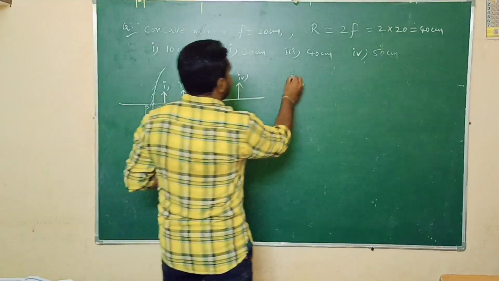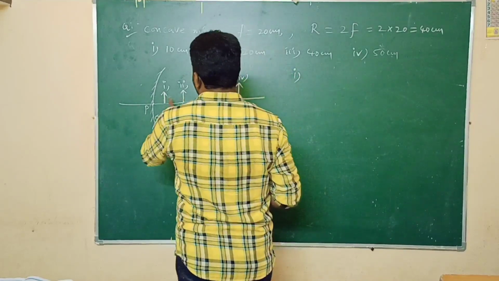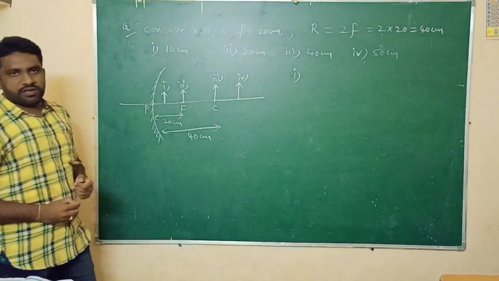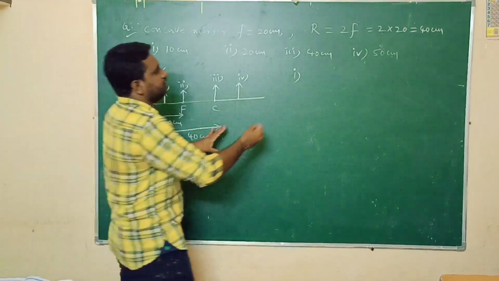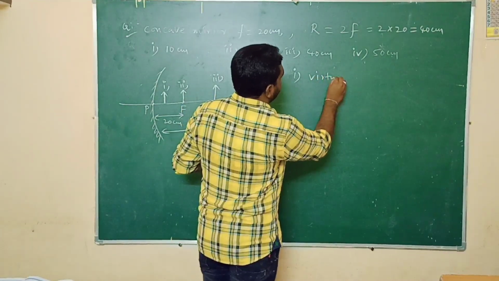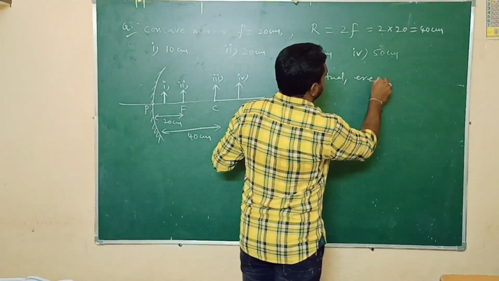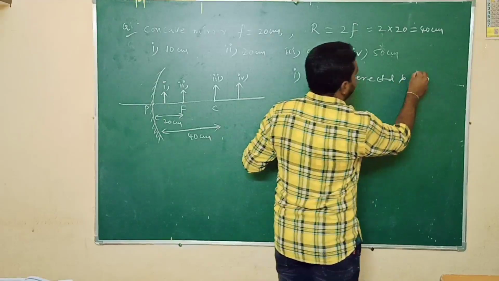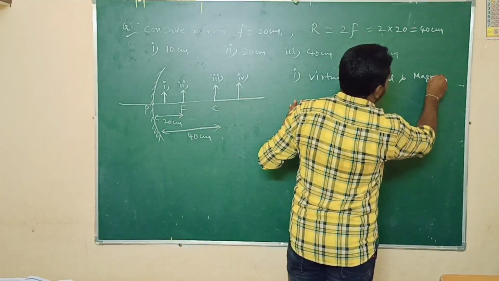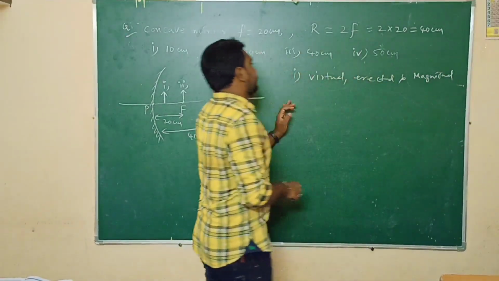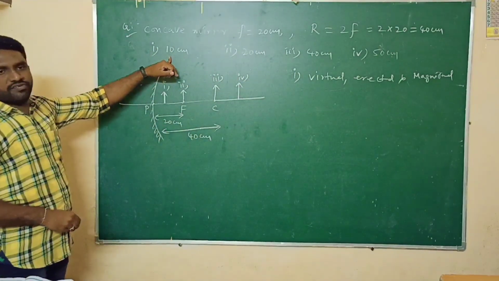For the first position, the object is placed between pole and focus. Then what is the nature of the image? Virtual, erect and magnified. Simple. So this is the nature of the image when the object is placed at 10 centimeters.